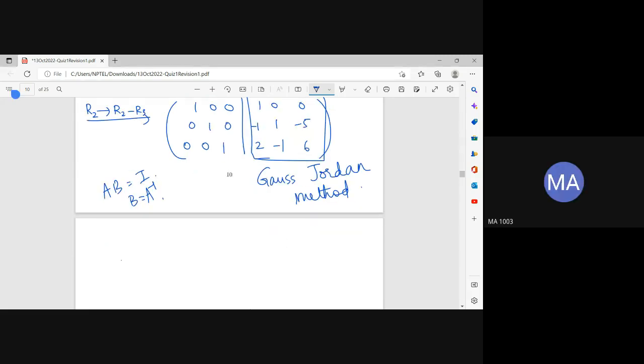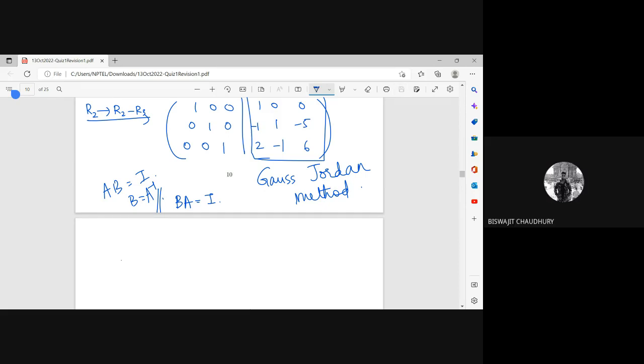Yes, if A is a square matrix, and obviously B has to be a square matrix too for it to be identity. Then BA is also going to be identity. And the inverse matrix of a matrix is always unique.